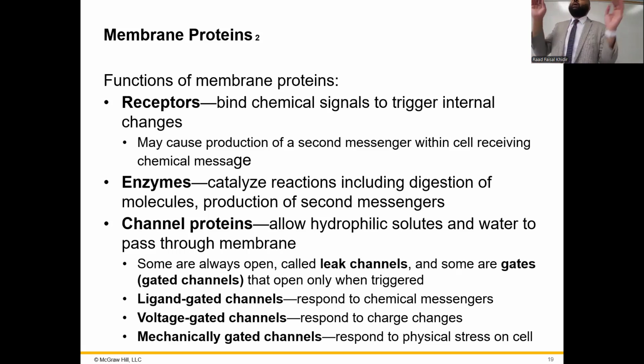What's the other reason? Yes, mechanical. When you physically touch, that's how you feel pain, because they have been stretched, then they open to allow ions to flow inwardly.